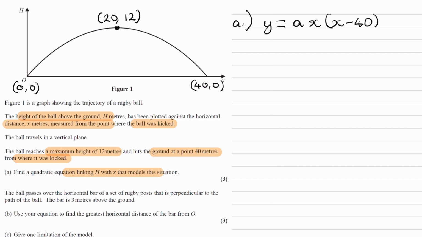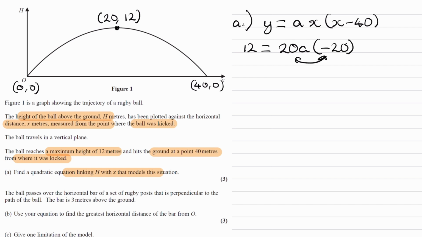We can do that by using the information that we have yet to use from our graph, which is this point over here. We've used the two roots of 0 and 40. That's where we got these two terms from. Now we need to use this point to work out what a is. So 12, that's the y-coordinate, is equal to a times 20, so 20a, times 20 minus 40, which is minus 20.